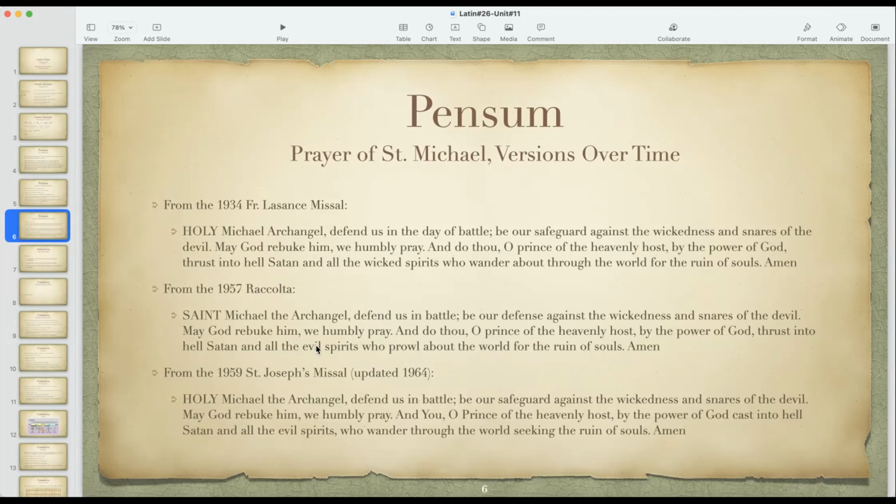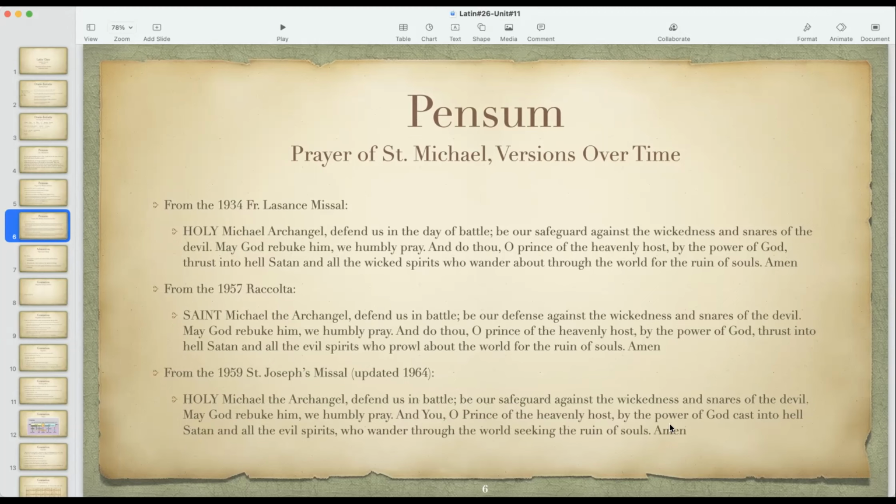And then, of course, the 1959 St. Joseph Missal, which was updated in 1964. We go back to the Holy Michael, the archangel. Defend us in battle, be our safeguard against the wickedness and snares of the devil. May God rebuke him, we humbly pray.